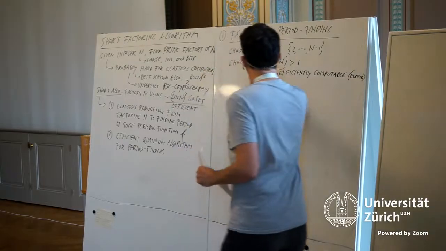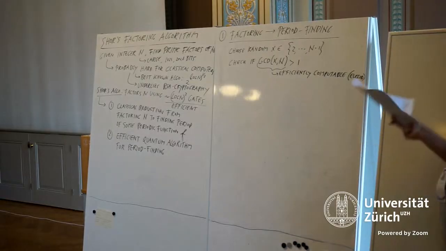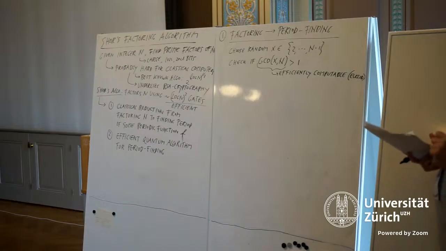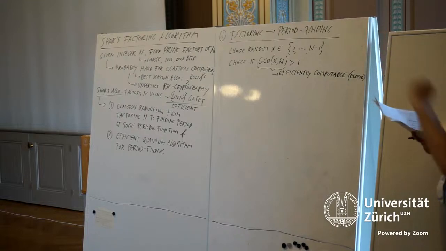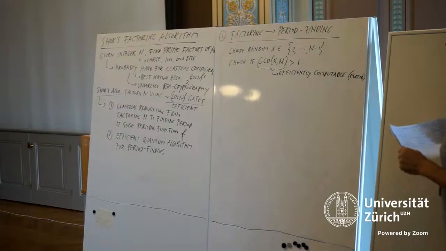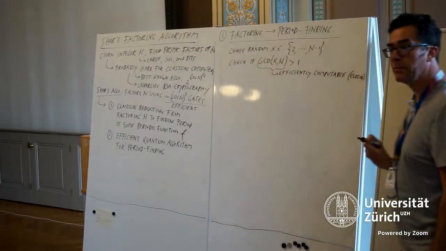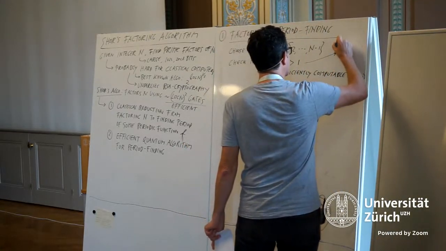Right, so suppose you compute this GCD of x and N, and out comes some number, let's say 29, rather than 1. At that point, you're in good shape because that number is going to be a non-trivial factor of capital N, which means you found one factor. And if you find one factor, then you can just recurse. So this is the happy but unlikely case of the algorithm.